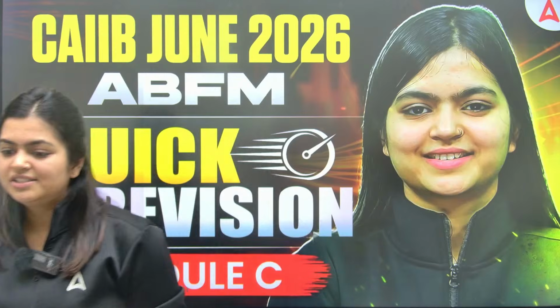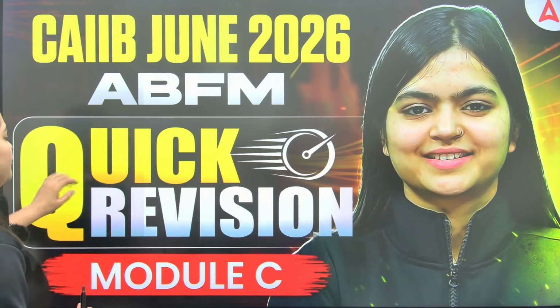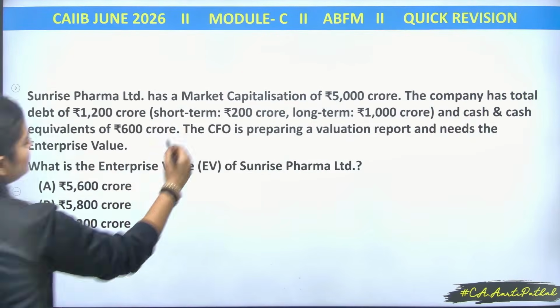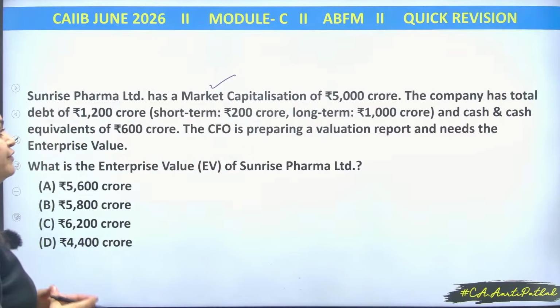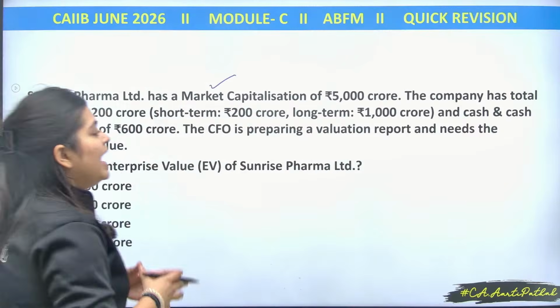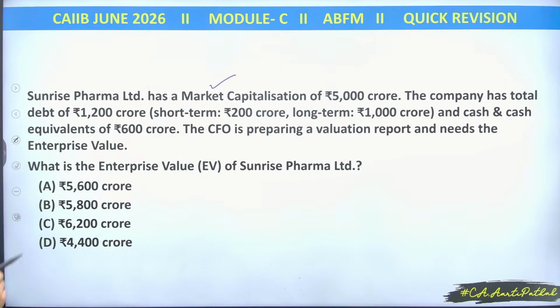Okay, so let's start this session with the very first question from Module C. Sunrise Pharma Limited has a market capitalization of 5,000 crore. Now the company has total debt of 1,200 crores, short term that is 200 and long term 1,000 crores, and cash and cash equivalents that is 600 crores.